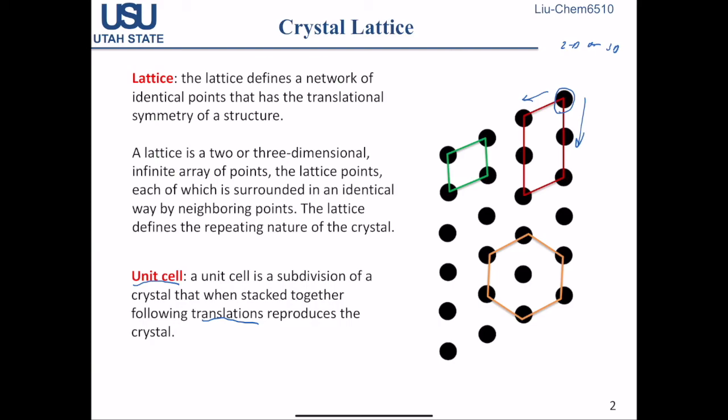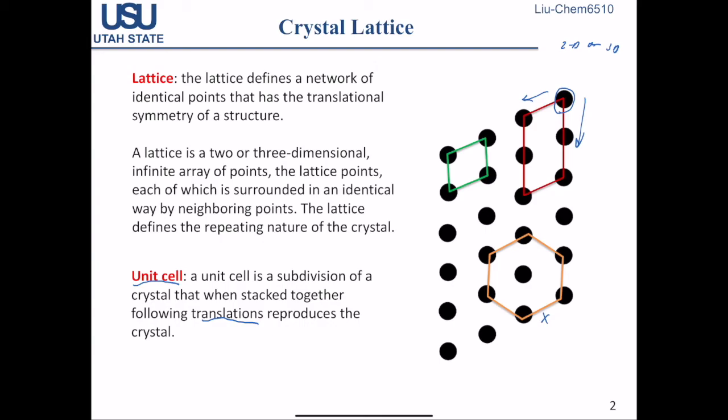We have a green choice, a red choice, and an orange choice. At least we cannot choose the orange one here, right? Why? Because you cannot repeat it. It's a hexagon unit cell, but you cannot repeat it. Simply, that's not the answer.